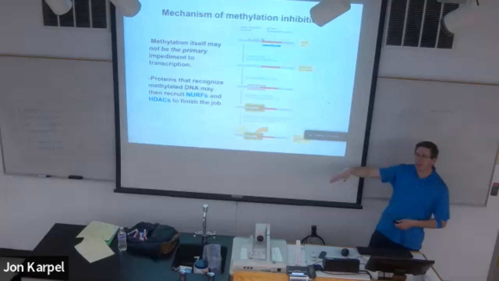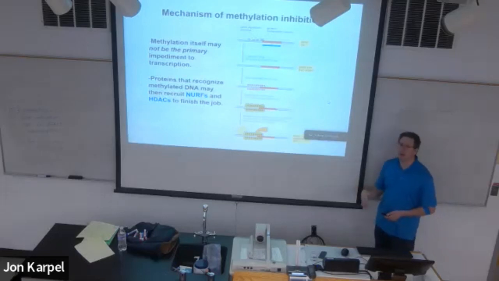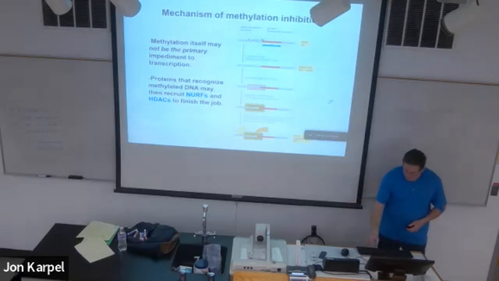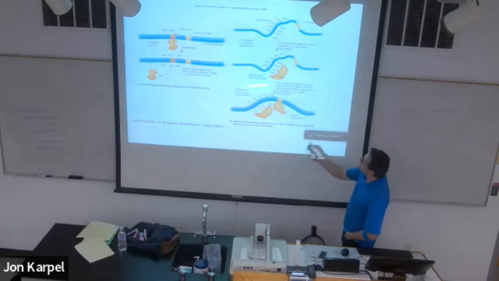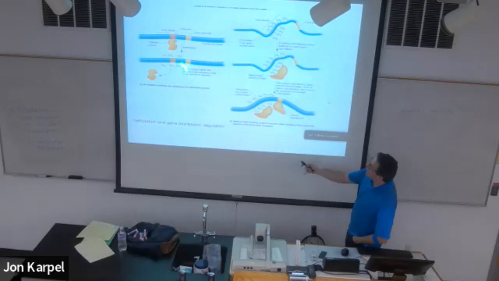So we could talk about those chromatin remodeling complexes being recruited through this as well. So it kind of depends on the gene. I don't know if one is more common than the other, but we see examples of both.